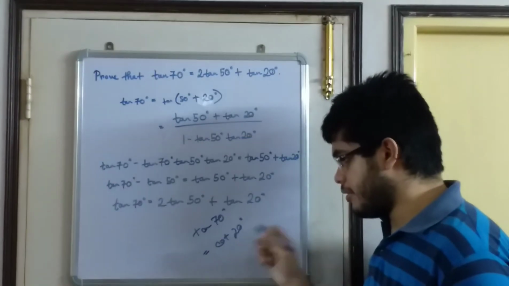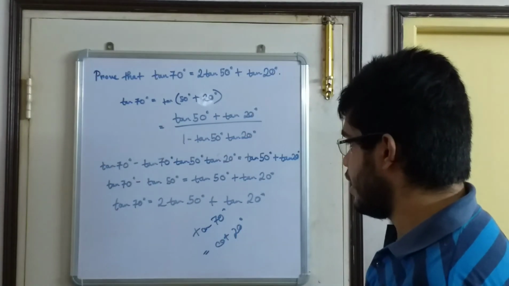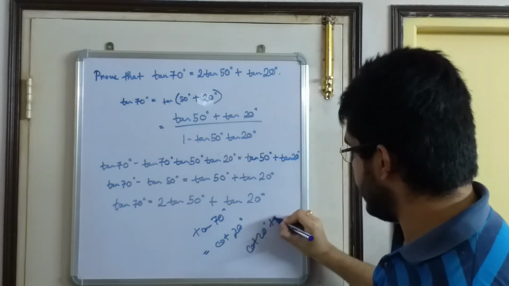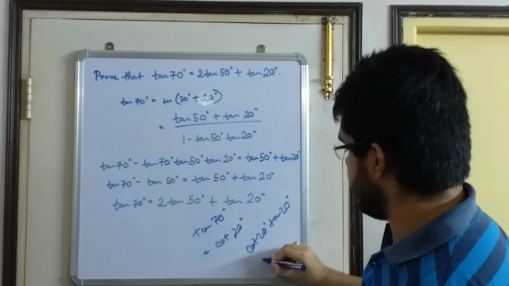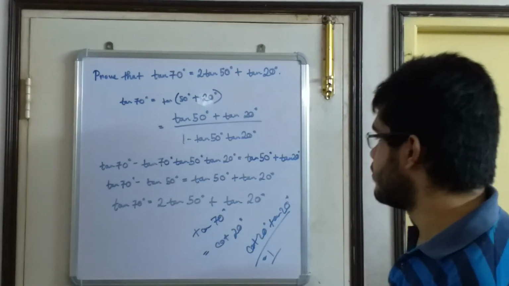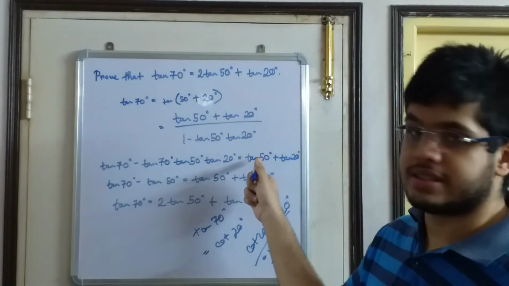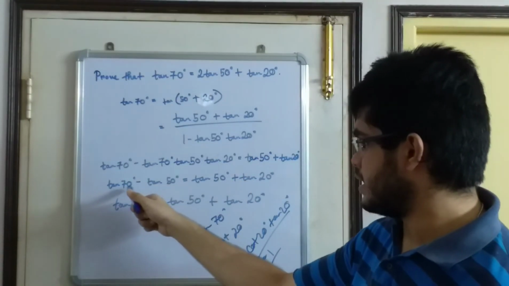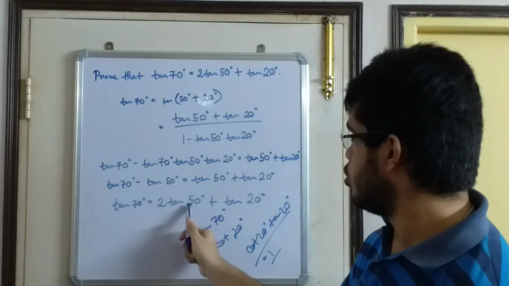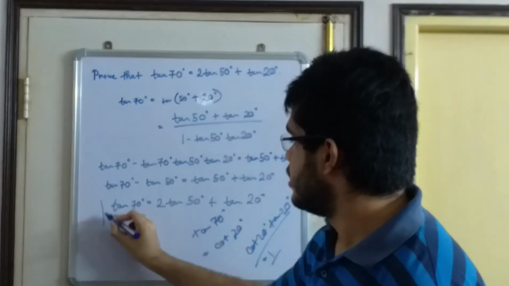So tan 70 is cot 20 degree, and cot 20 into tan 20 will always be 1 because these are reciprocals, so their product will be 1. Then here it's tan 50 plus tan 20, so we are getting tan 70 minus tan 50 is equal to tan 50 plus tan 20. So tan 70 is equal to 2 tan 50 plus tan 20. This is the proof.